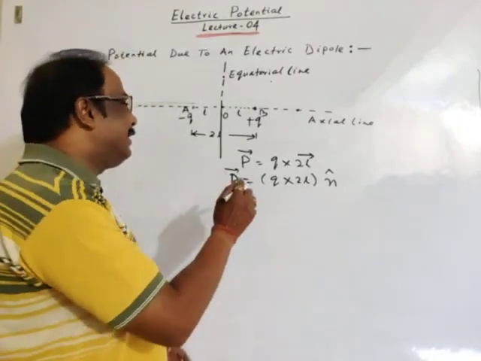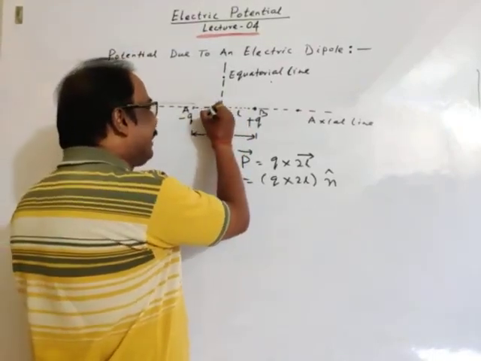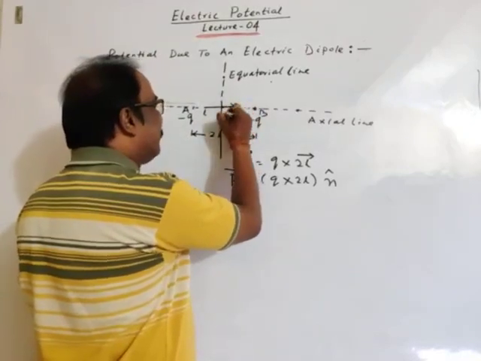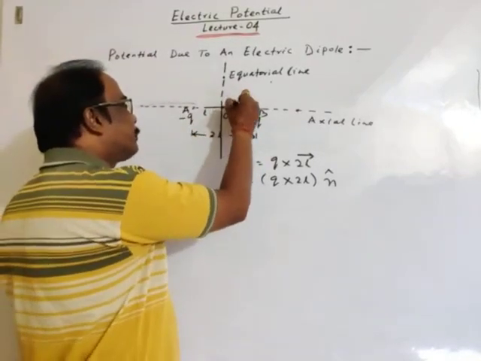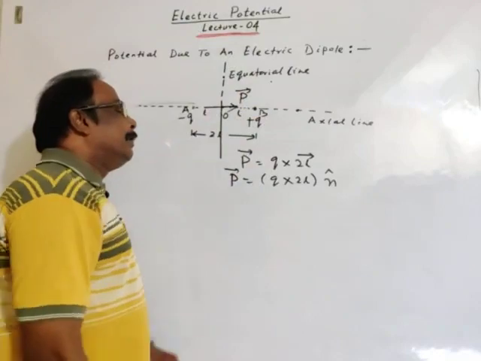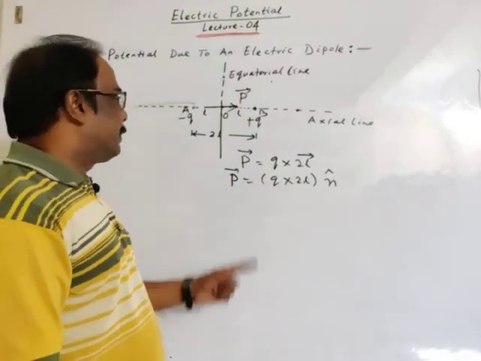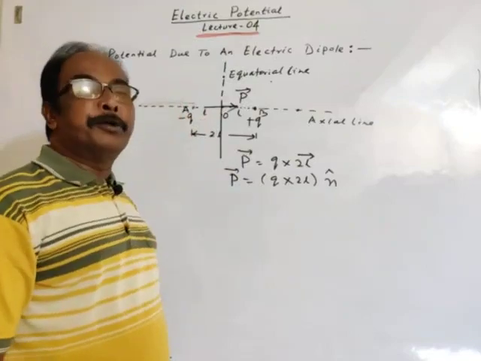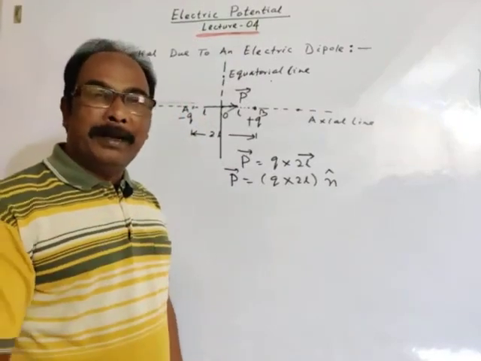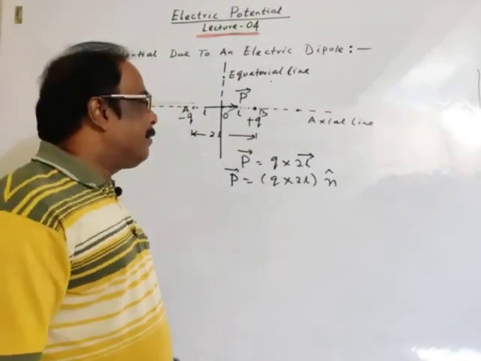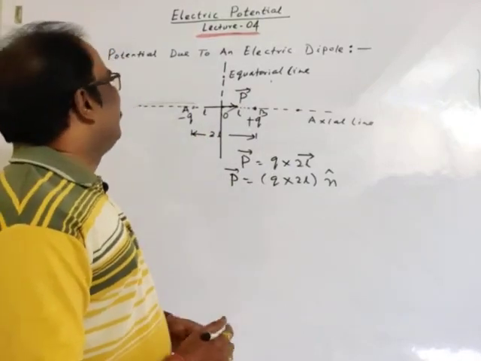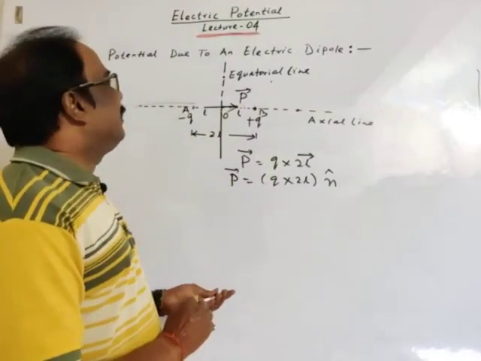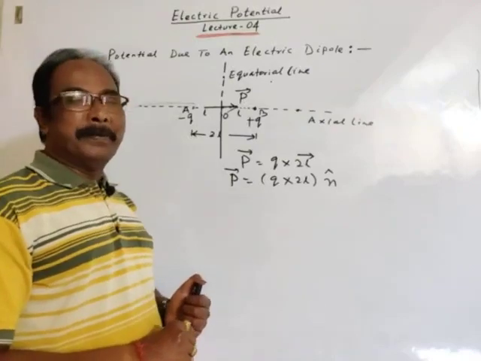The direction of electric dipole moment is from minus Q to plus Q. We have discussed all this. Now we'll find the potential due to an electric dipole.